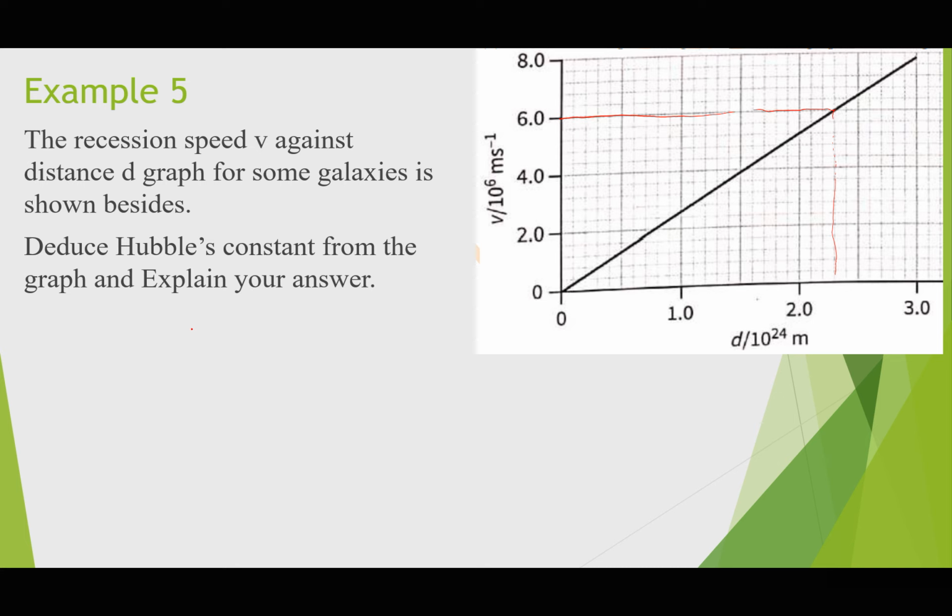So Hubble's constant is equal to the gradient, which is going to be 6.0, of course, minus the origin, times 10 to the power of 6, divided by, because I'm using v equals H naught times d, where H naught is the gradient.